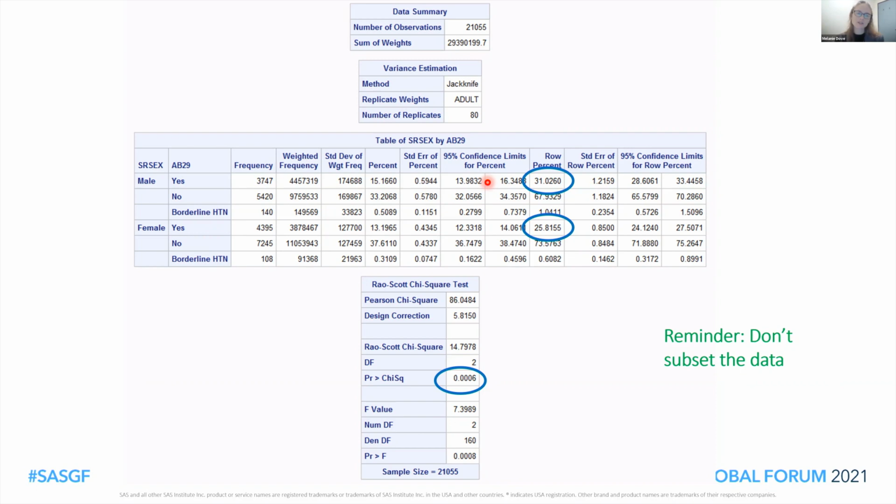Similarly, we don't want to use a where or an if statement in our PROC SURVEYFREQ code to just look at women. This is because SAS uses the entire sample to get information about all the survey design features in order to estimate the variance.